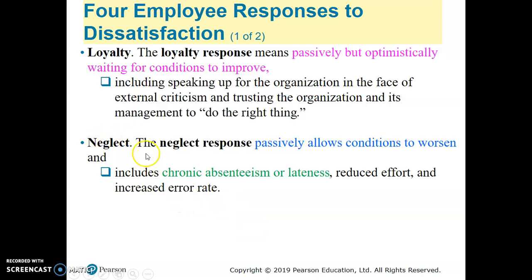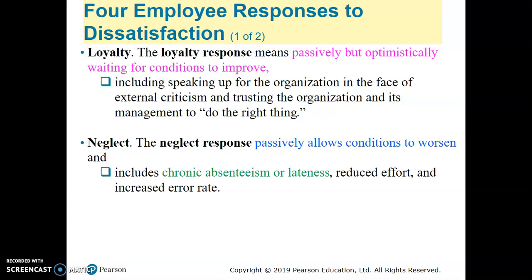So if they respond to the dissatisfaction using neglect, this actually will lead to chronic absenteeism or lateness, and eventually it will lead to reduced job performance. This actually will have a negative impact on the performance of the employees, and also their reputation.